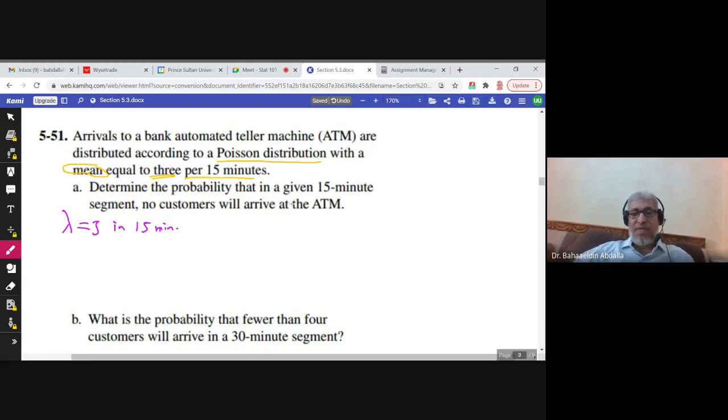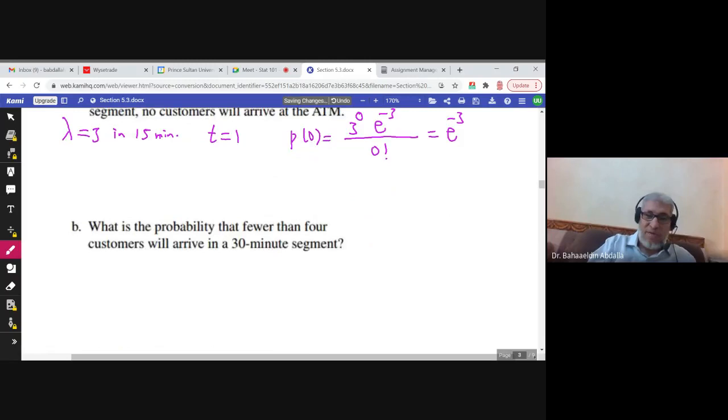Determine the probability that in a given 15-minute segment, so t is 1, no customers will arrive. So what is the probability of 0? Lambda times t is 3, so 3 to the power 0 times e to the power negative 3 over 0 factorial. So it is in fact e to the power negative 3.